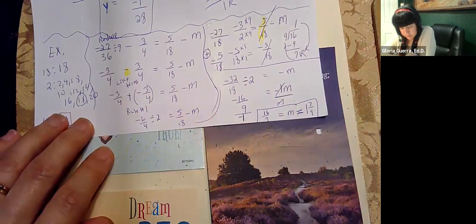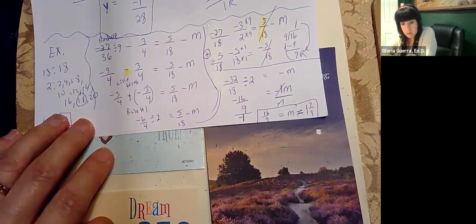Okay, so I was just double checking that. So we got 16 over 9, 1 and 7 ninths. For the middle, negative 1 over 28. And then the very first one was 5 eighths.